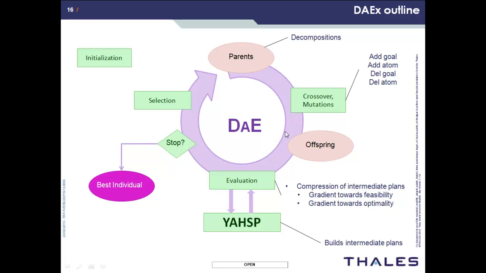The loop, as in any evolutionary algorithm, goes on and on until either the computation time budget is over, or sufficient quality in terms of makespan, for example, is reached. So that's the general outline of our evolutionary planner.